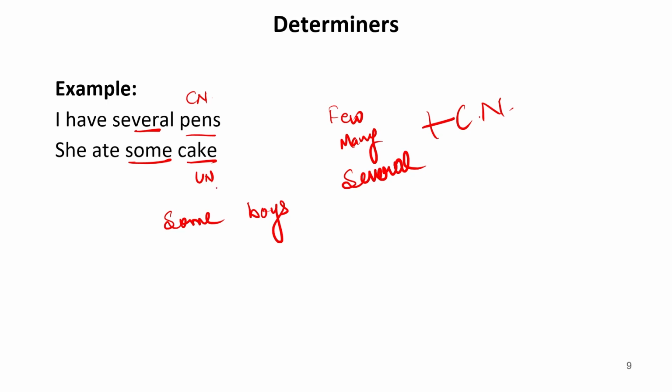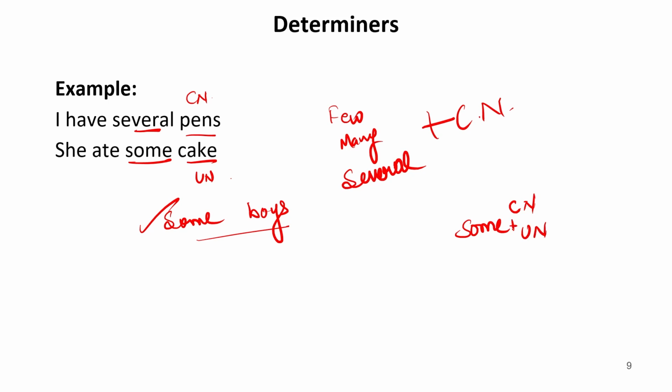So she ate some cake. Here some is a word which is being used before an uncountable noun. We can also use some boys. This is also correct.